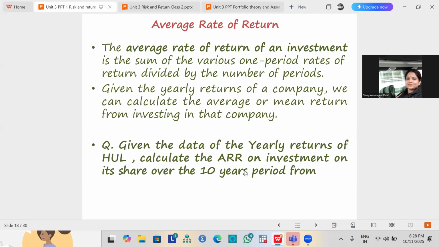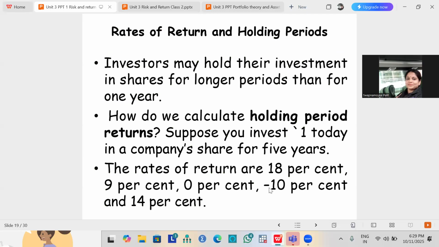Calculate the average rate of return on investment on a share over a 10 year period. You calculate it simply like an arithmetic mean: the sum of the one-period rates of return divided by the number of periods. This is the formula for the average rate of return. You have to calculate the average rate of return over the different years.